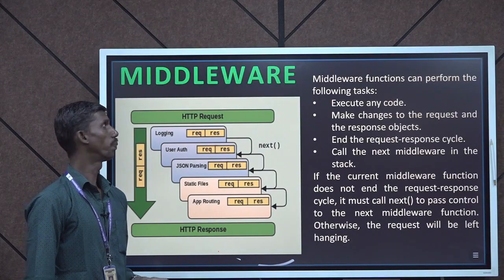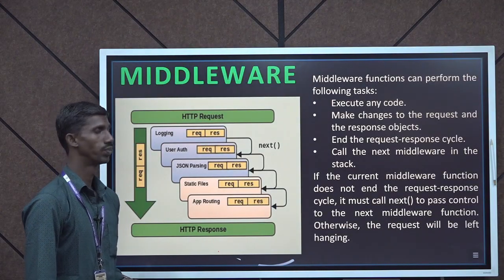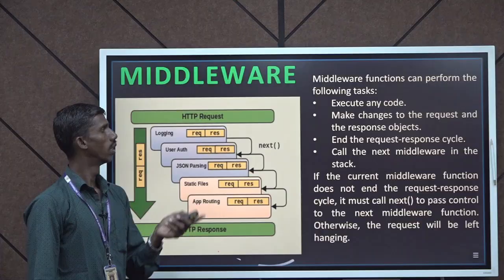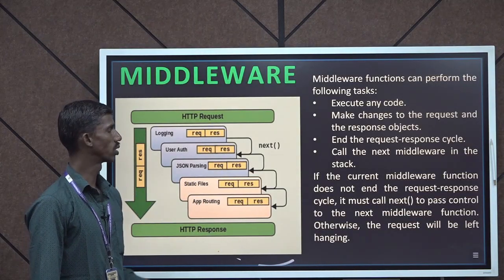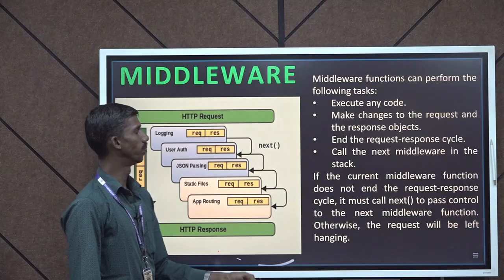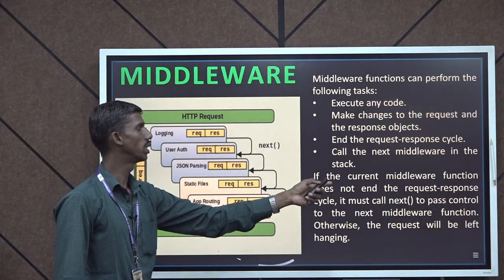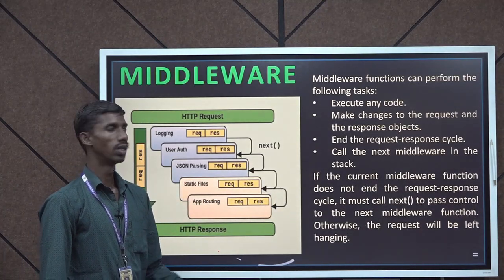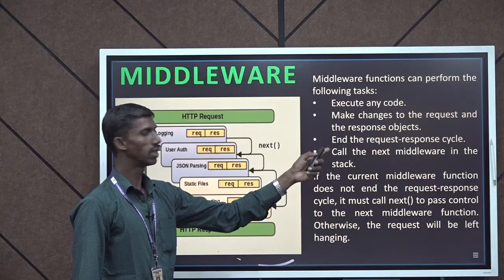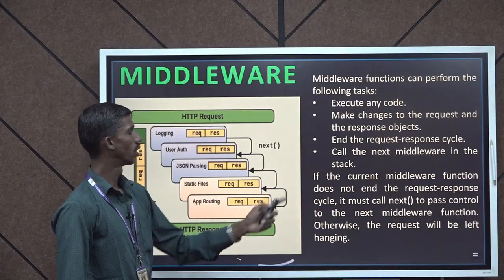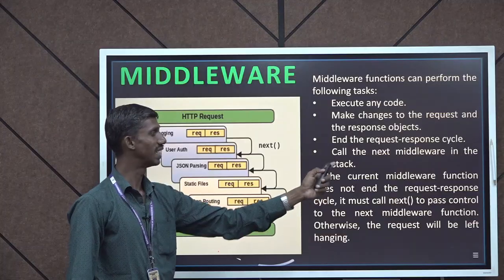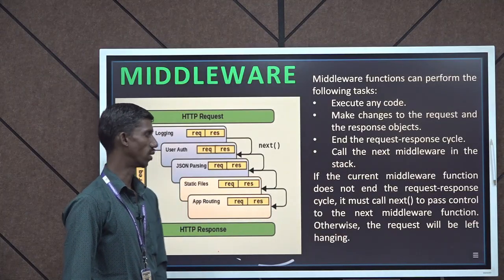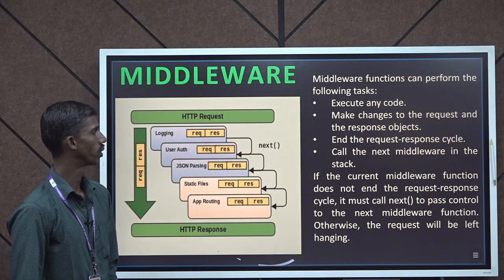The third part is middleware. Middleware can perform various operations: executing any code, making changes in the request object as well as the response object, ending the request and response cycle, and calling the next middleware in the stack.